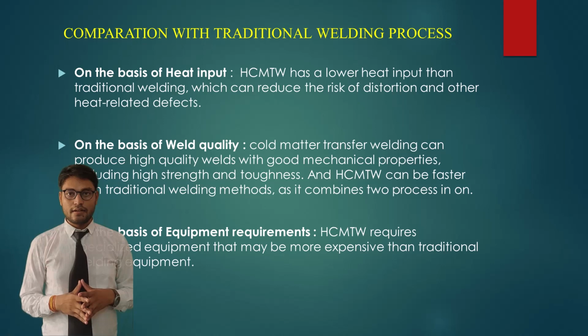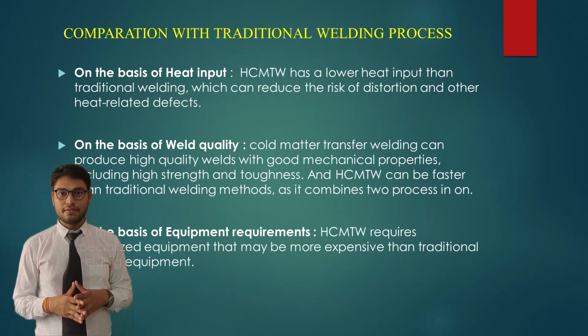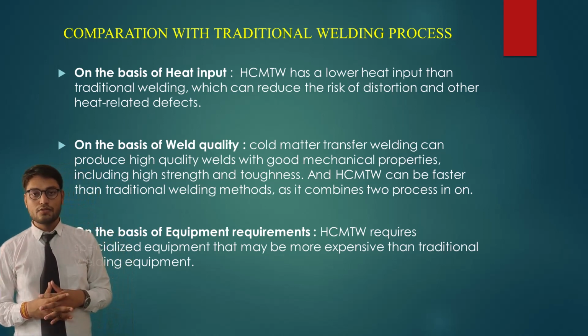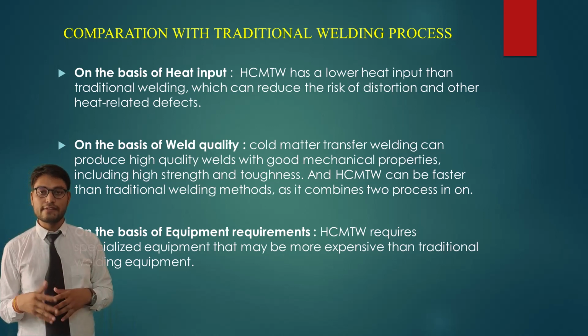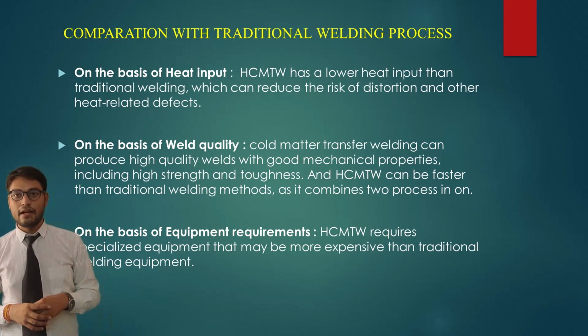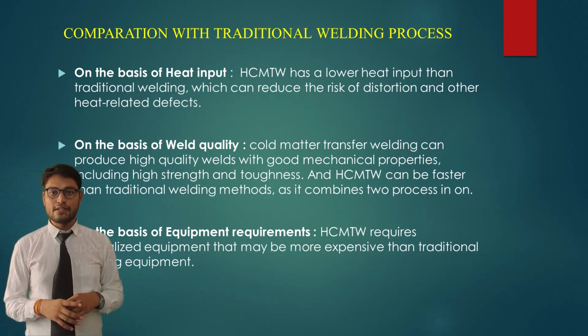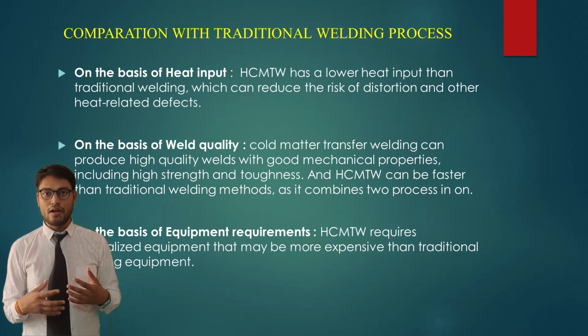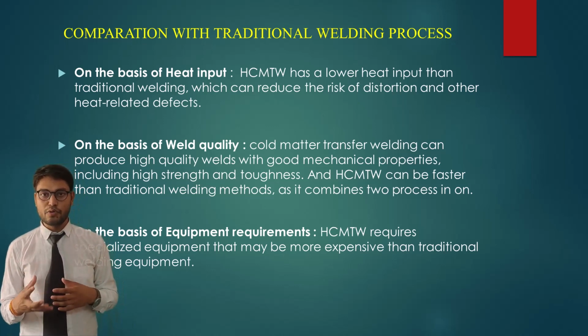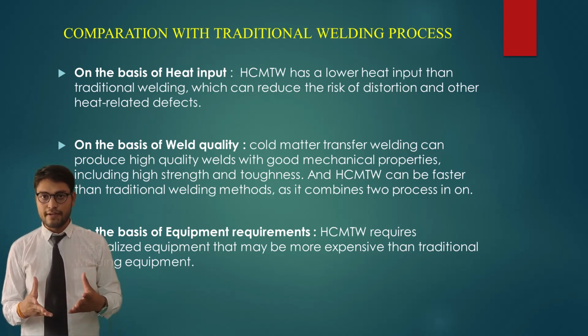So let's compare the hybrid CMT process with the traditional process. On the basis of heat input, SCMTW has a lower heat input than traditional welding, which can reduce the risk of distortion and other heat defects. On the basis of weld quality, cold metal transfer welding can produce high quality welds with good mechanical properties, including high strength and toughness.